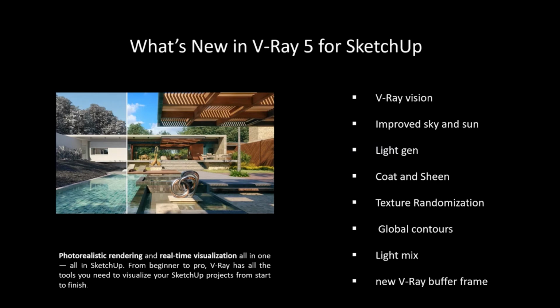And the other feature, global contours, helps to add outlines to our renders so that we can increase the depth of our renders. And the new light mix can be used to explore different lighting scenarios during the render and post-render. The new VRay frame buffer also offers post-processing of our renders. We can post-process our renders within the new VRay frame buffer.